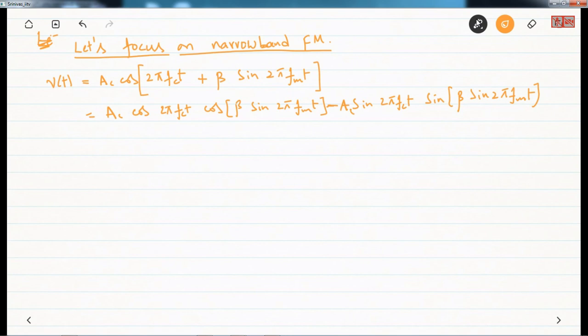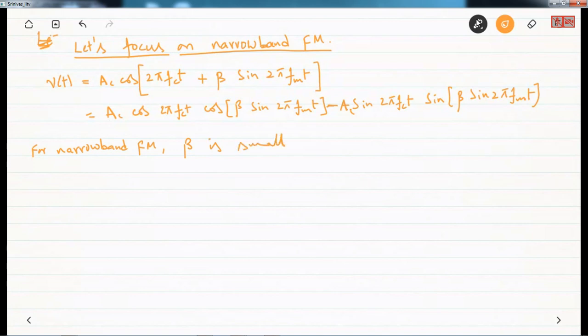So I just wrote the single tone FM wave and then expanded it, and then we are considering a narrowband FM, right? For narrowband FM, beta is small.